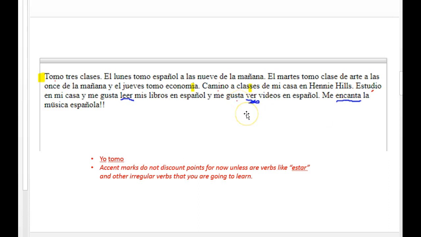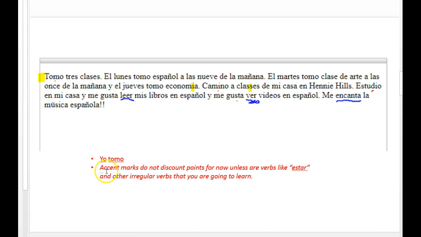And I asked for a minimum of 6. So if you didn't get a lot of points on these compositions, it might be because you didn't accomplish the goal, which was show me that you know all these verbs, all right? Leer y ver and cantar are not verbs from chapter 2. I think encantar is. I just don't want you to use it, and that didn't count you points.